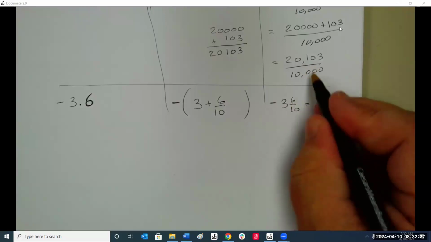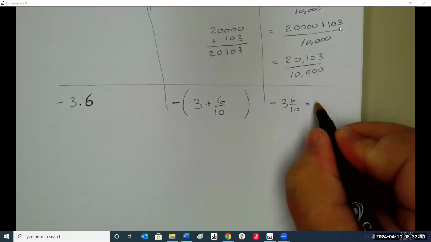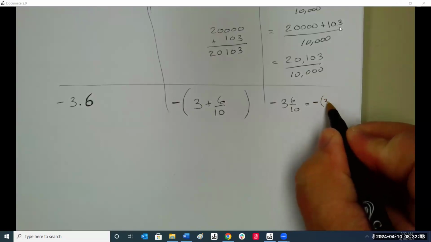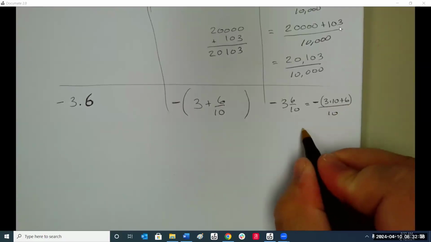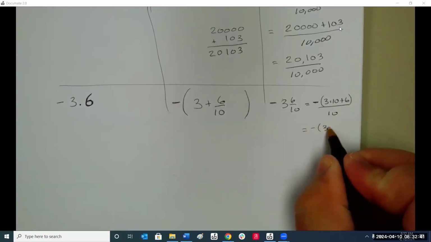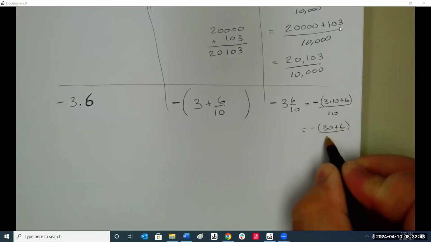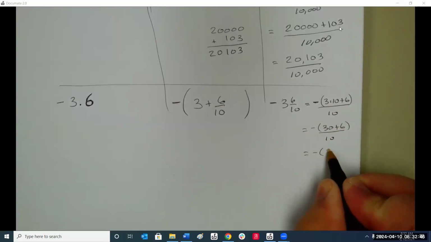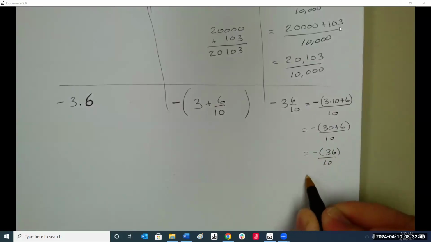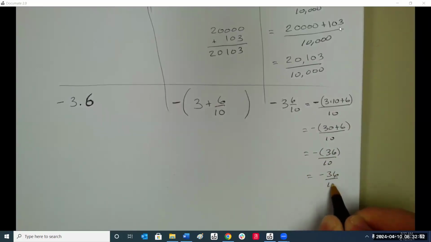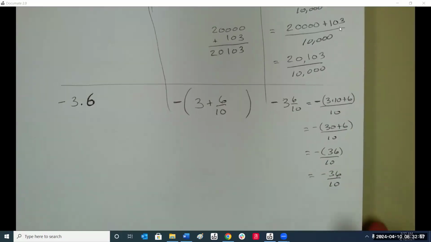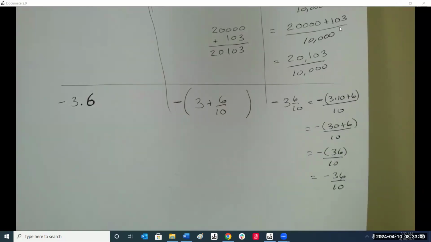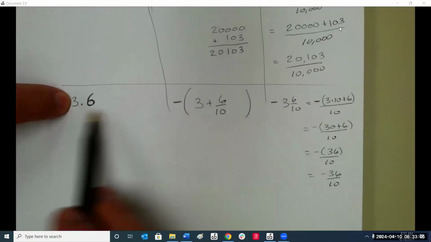Again, from mixed number to improper fractions, put the negative out in front: 3 times 10 plus 6 over 10, 30 plus 6. So the negative is just a number that's out there. Treat that number and then put a negative in front of it.